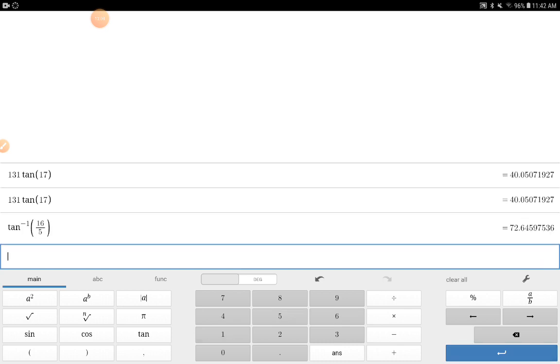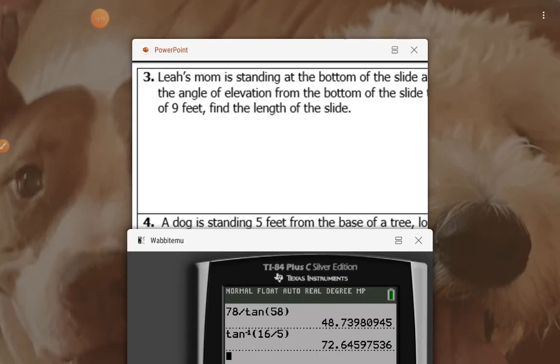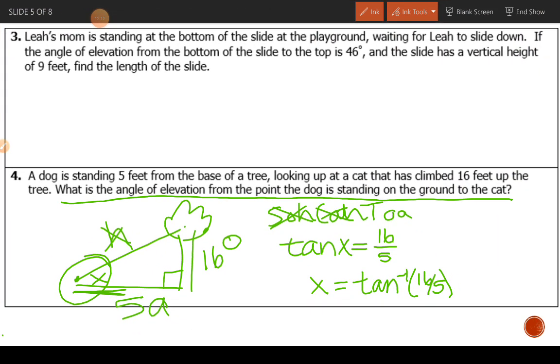Again, we're going to get the same answer, 72.6. So whatever calculator you're using, just make sure you're using that second inverse. So again, the angle of elevation is going to be 72.6 degrees.